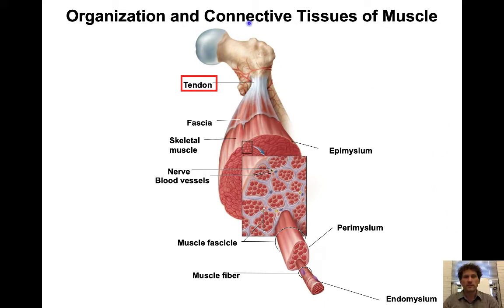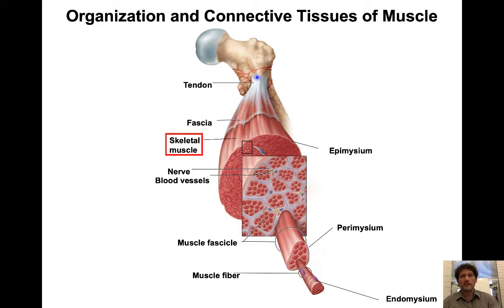So we can see this femur up here, and we see this tendon that's attaching our skeletal muscle to our bone. You spent tons of time learning about these different features in lab and different muscle types. And if you remember, that tendon is made up of dense regular connective tissue. So it's going to be really strong in one direction, so that when these muscle fibers contract, it's going to put some kind of force on this bone and allow for some kind of motion.